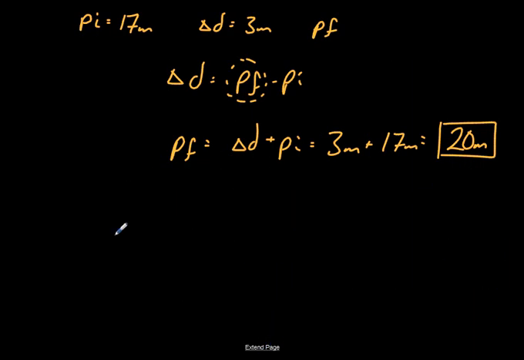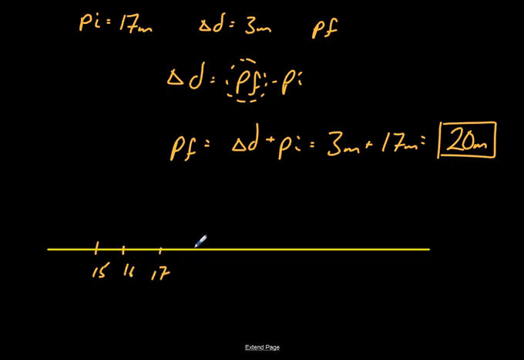All right, let's prove it by drawing a picture. So quick picture, just to verify that what we said is right. Okay, so, you know, zero's over here somewhere. Let's say here's 15, 16, 17, 18, 19, 20, 1, 2, 3. 27.